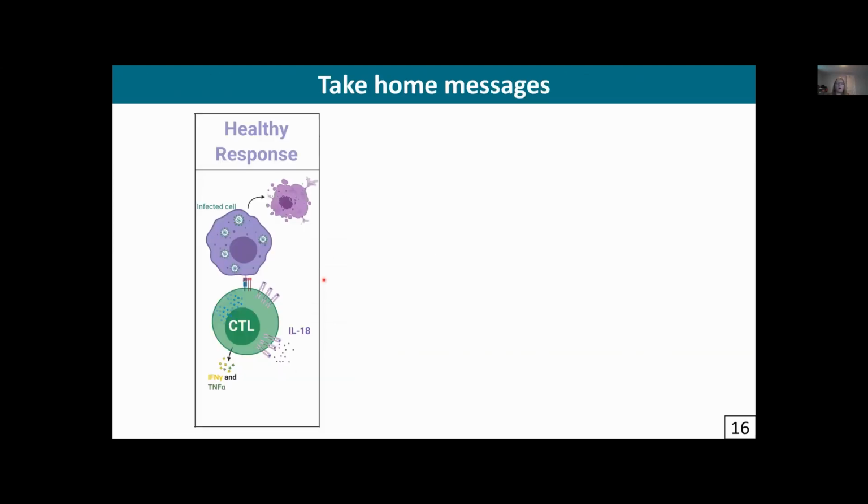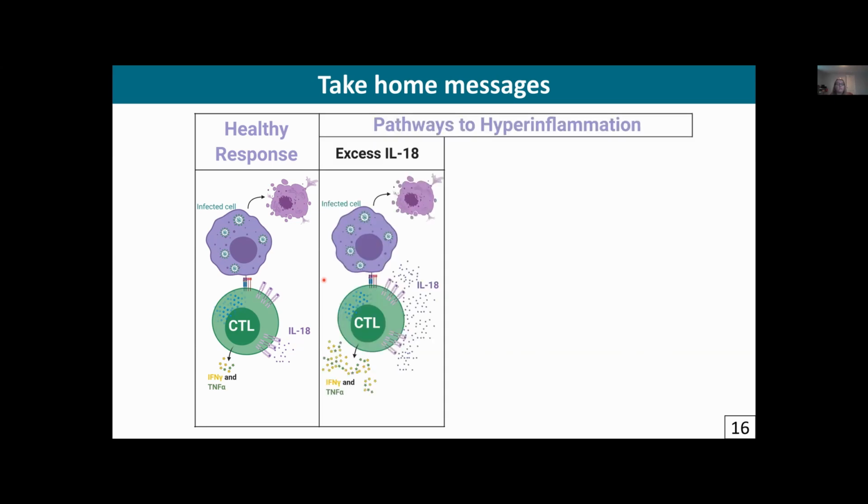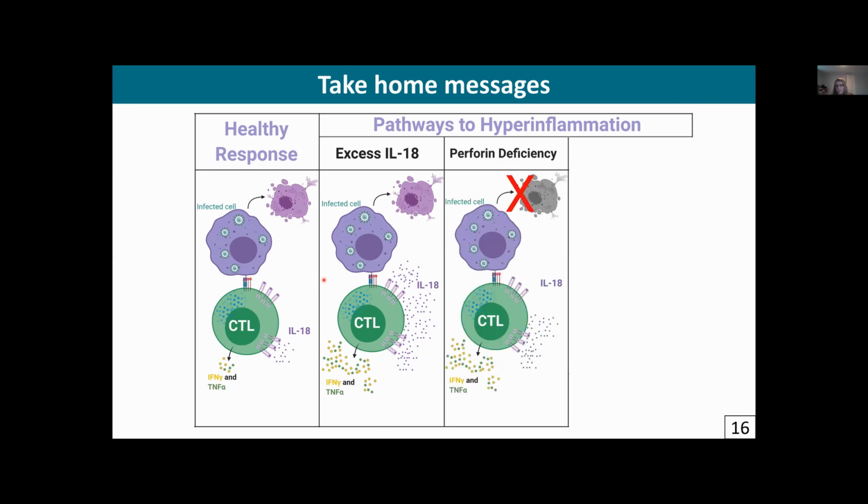And so with that, I'll leave you with some take-home messages. In comparison to a normal healthy response, patients with susceptibility factors, such as patients with high IL-18 or MAS patients, rely on the direct effect of IL-18 signaling on CD8 T cells, and in patients with HLH, or when our mice have a perforin deficiency with impaired cytotoxic ability, they also lead to hyperinflammation.